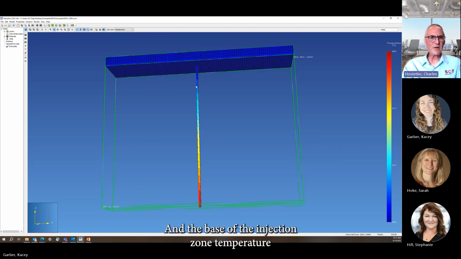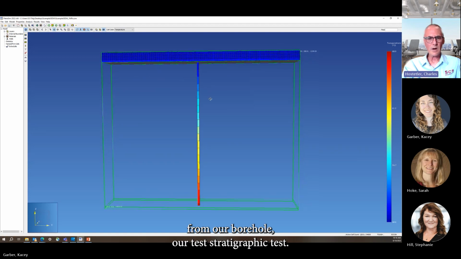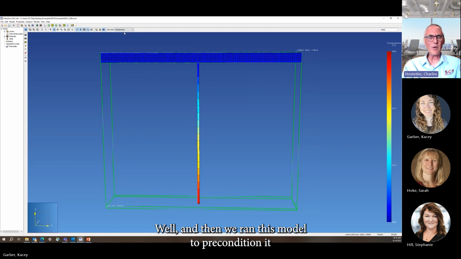And the base of the injection zone temperature is fixed at 68 degrees C, and we got that from site characterization data from our borehole, our stratigraphic test well. And then we ran this model to precondition it so that there's a gradient set up, a geothermal gradient set up for the initial condition.